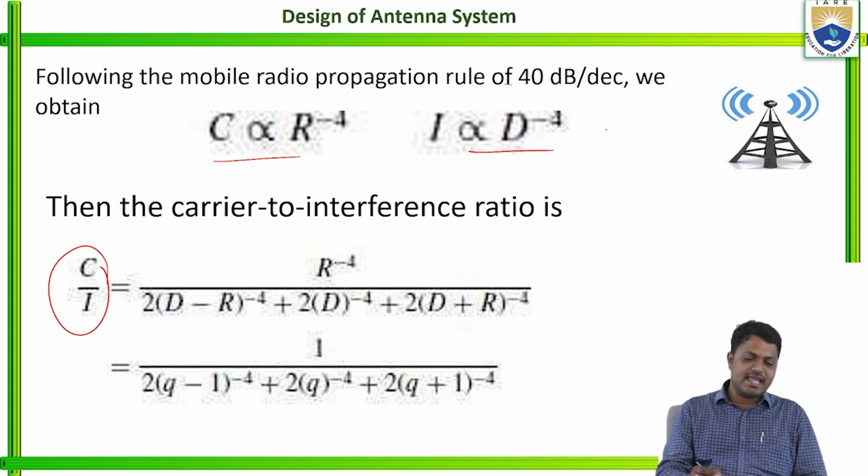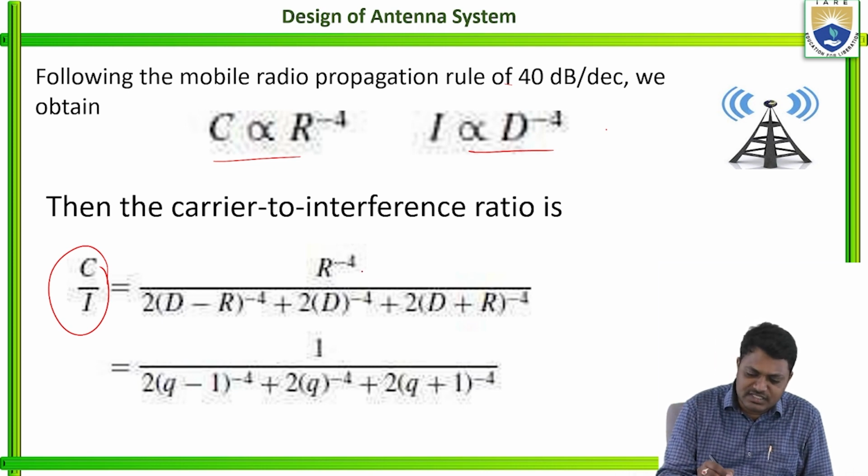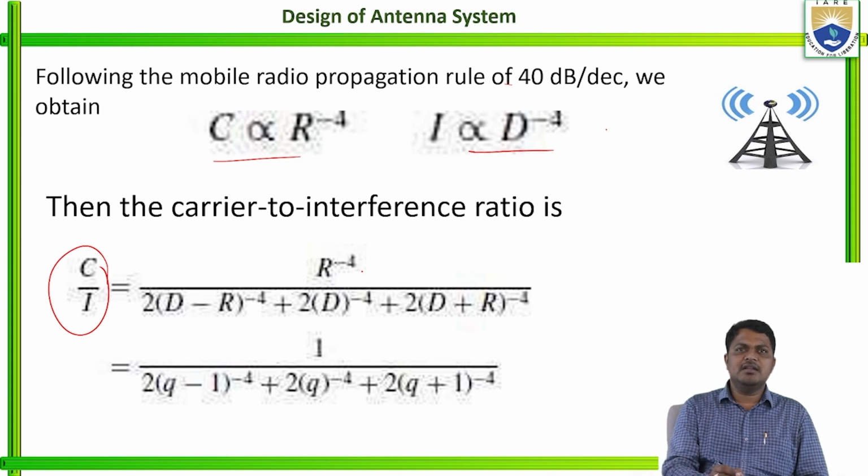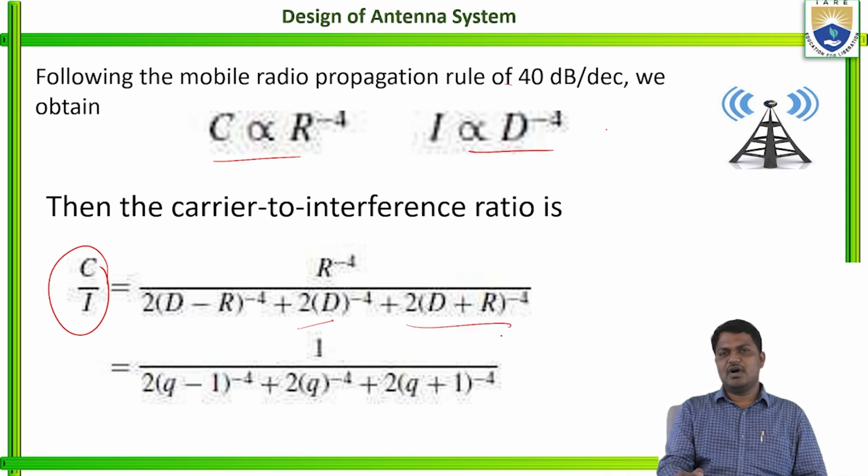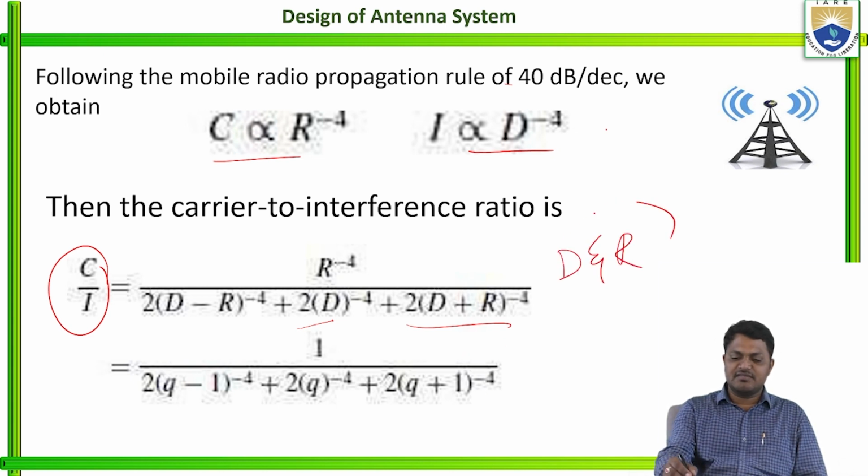So C by I is R power minus 4 upon 2 of (D minus R) power minus 4 plus 2 of D power minus 4 plus 2 of (D plus R) whole power minus 4.